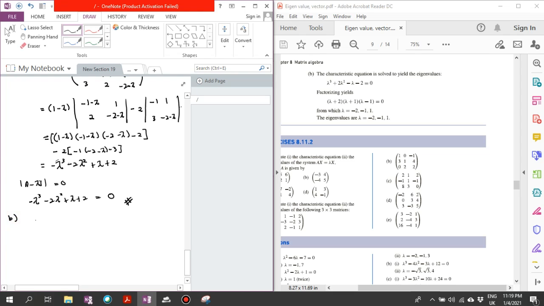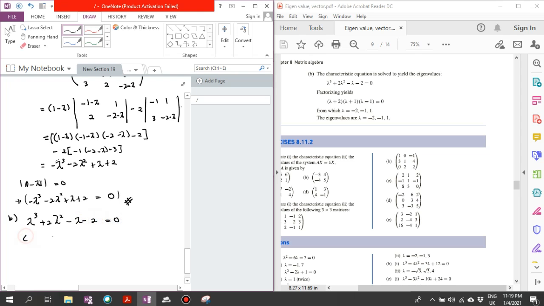From this characteristic equation equal to 0, you multiply by negative 1 on everything to make things easier, and you will get lambda^3 plus 2 lambda^2 minus lambda minus 2 equal to 0.